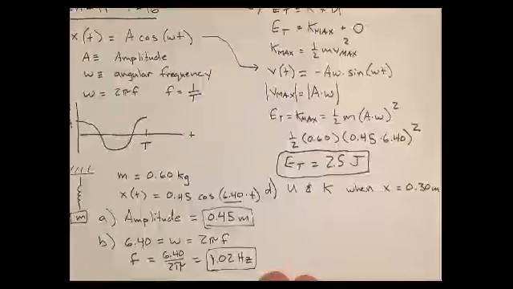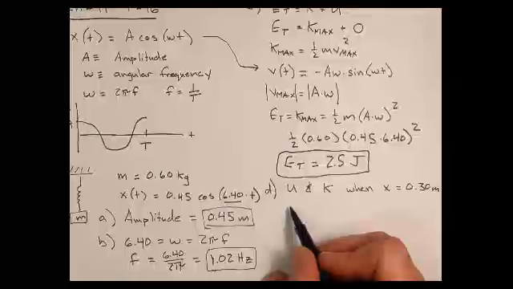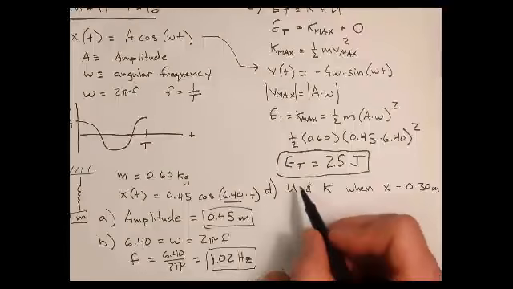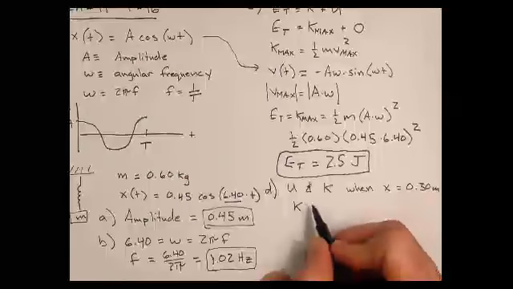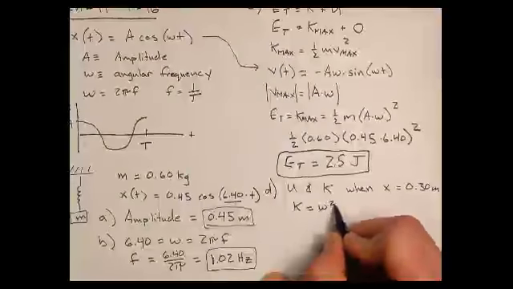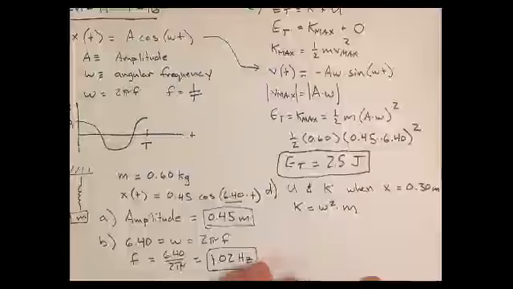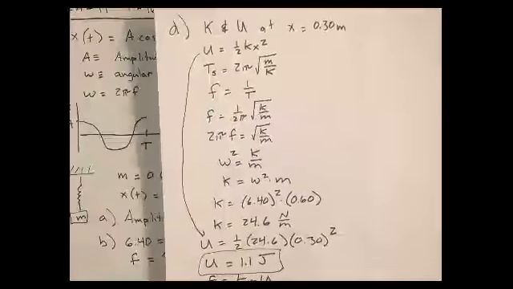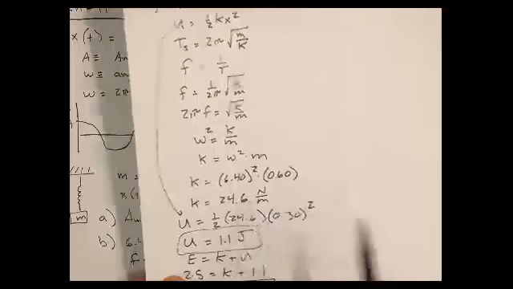Well, I'm running out of room here, but let's see if we can get this done. I'm just going to cheat a little bit and tell you, I'm not going to derive it for you. I was going to, but I'm running out of time here. K, your spring constant, is equal to omega squared times m. And if you want to see a super quick derivation of how I got to that, here it is, okay?